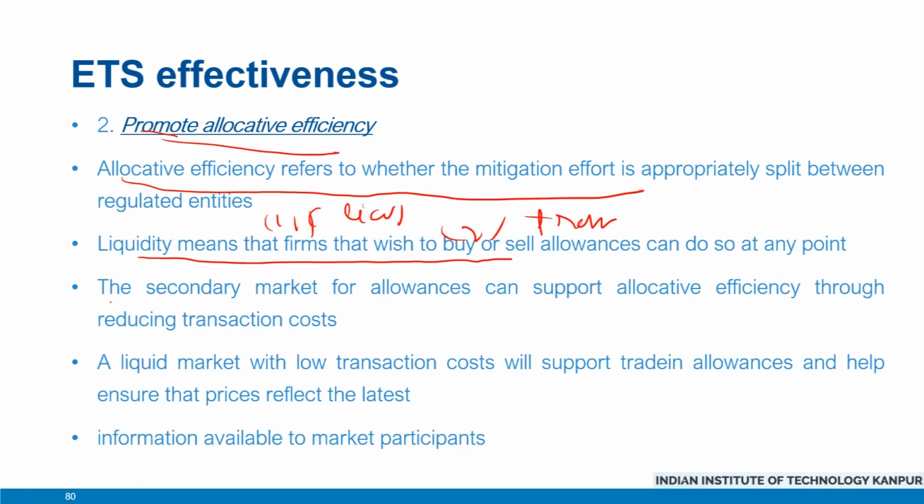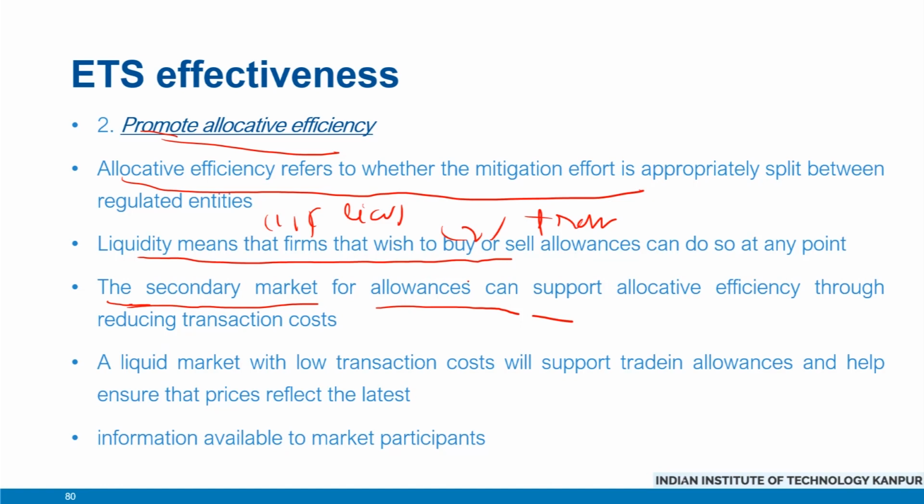Also, a very important aspect here is the role of the secondary market for allowances, as they can support allocative efficiency through reducing transaction costs. Both financial and administrative transaction costs can create barriers to trade in allowances, which can lead to inefficient mitigation outcomes. So, if transaction costs are high, for example, if brokers charge a large amount to facilitate a trade, the firms that are initially allocated allowances may decide to keep them regardless of whether they need them or not.